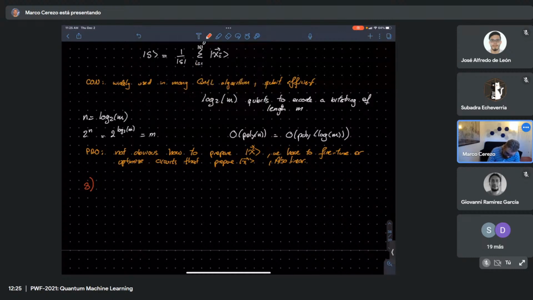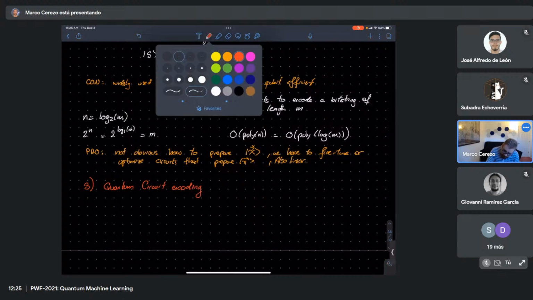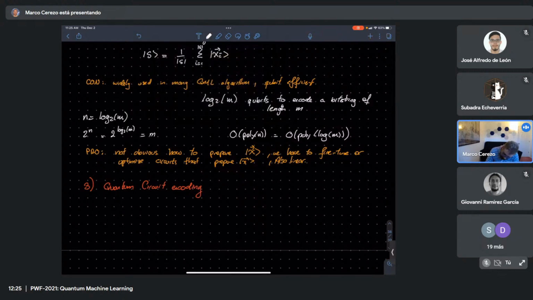So it's the quantum circuit encoding. So here, what we're going to do is we are going to use the values of x as parameters in an embedding.